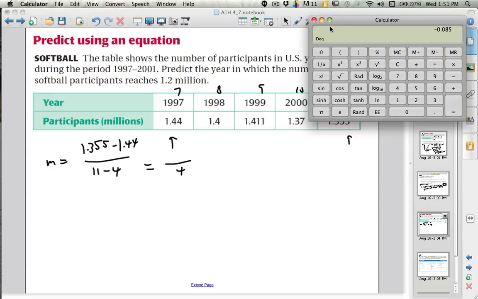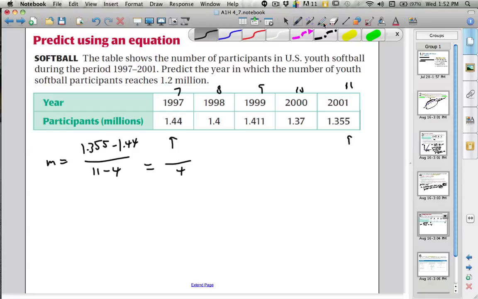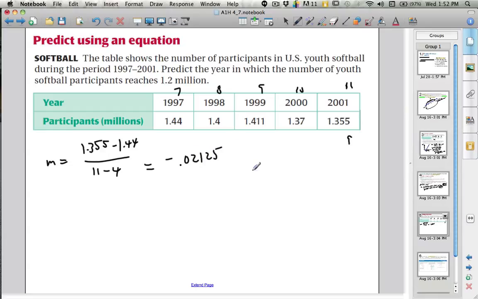And it's negative 0.085. And then let's divide that by 4 so we end up with a decimal. Negative 0.02125. So I get negative 0.02125 as my slope.